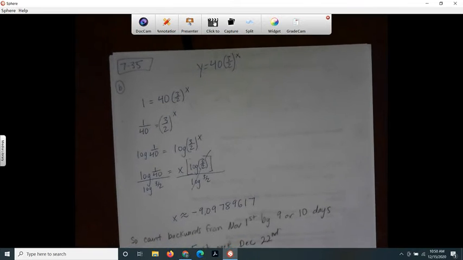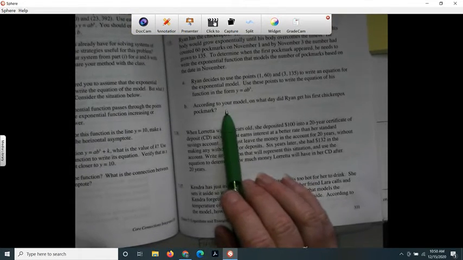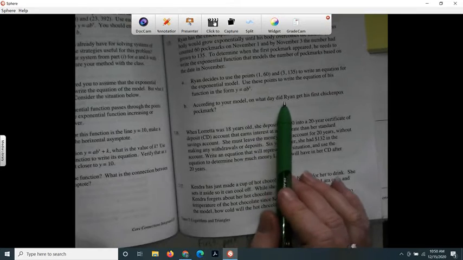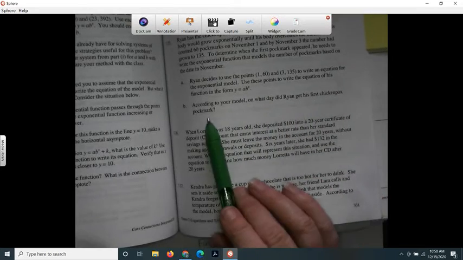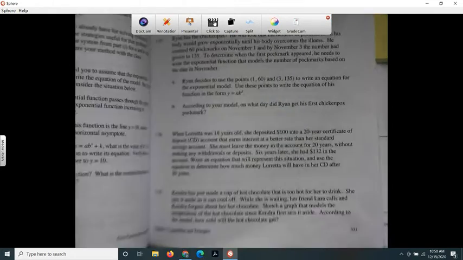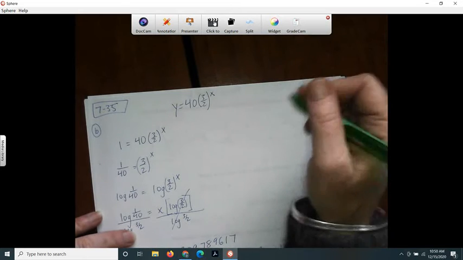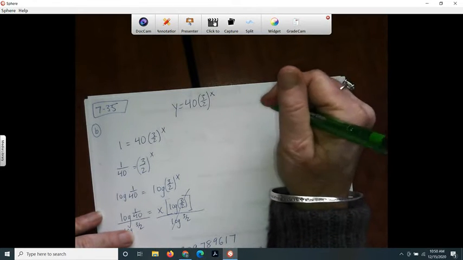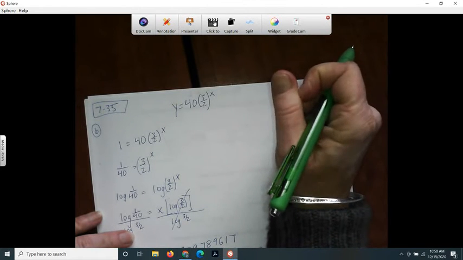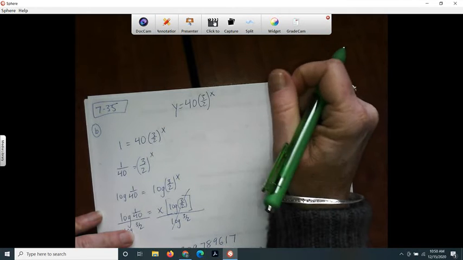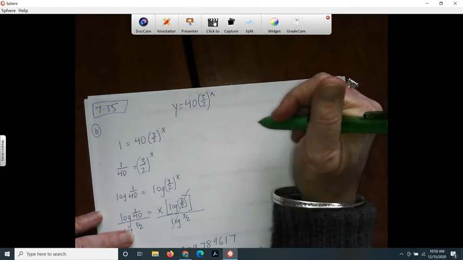To do letter B, it asks us, according to your model, on what day did Ryan get his first chicken pox mark? The number of pock marks is the y.